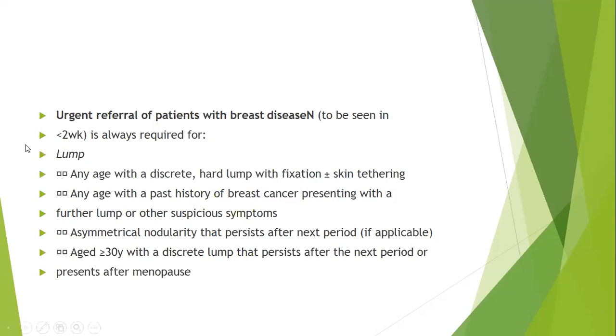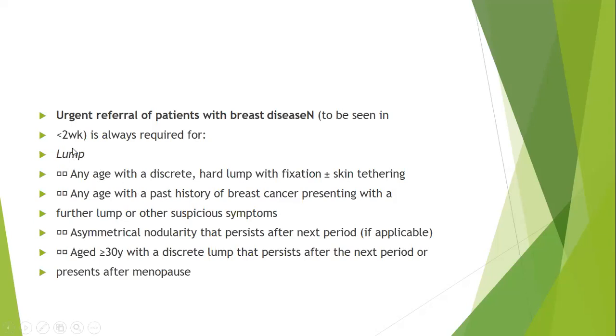Okay, we'll see that. First of all, you need to know the referral criteria for breast diseases. If the patient has a lump which is discrete and hard, with fixation, it requires referral.